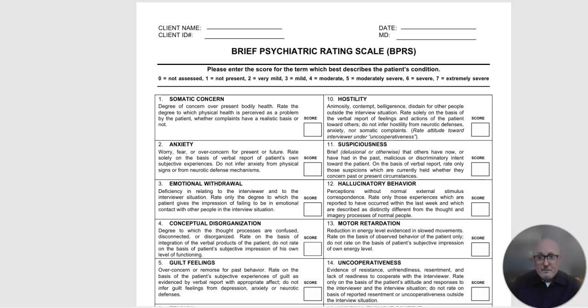Hallucinatory behavior really means responding to hallucinations. So the person might be showing signs of what's called internal stimuli. They might be talking to themselves, for example. They might sometimes yell or scream out loud. Their movements might be very bizarre.